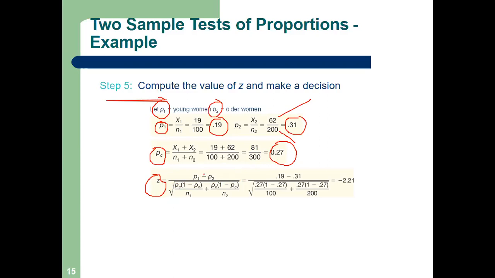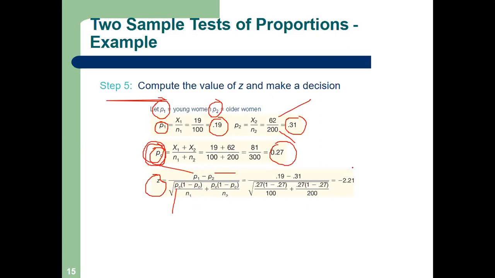So Zcal is P1 minus P2 divided by root over PC into 1 minus PC by N1 plus PC into 1 minus PC by N2. Put all the values. P1 we know, P2 we know, PC we have calculated here.